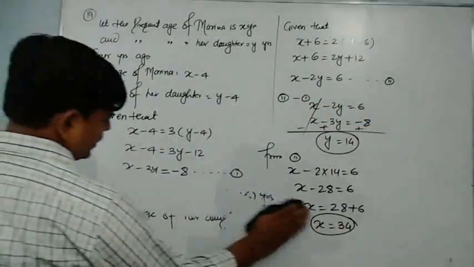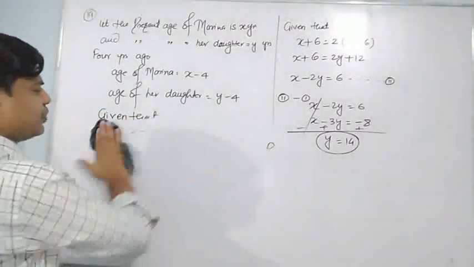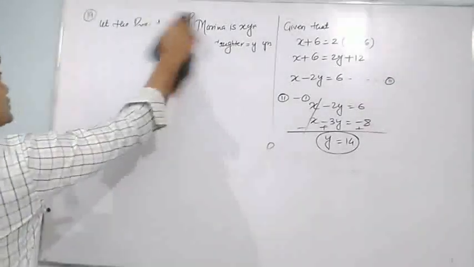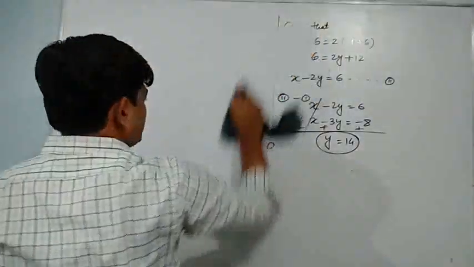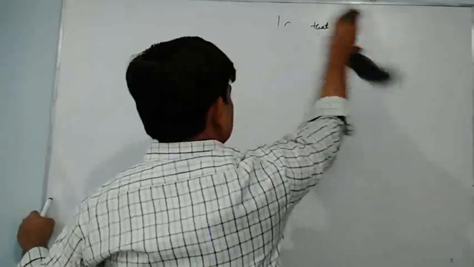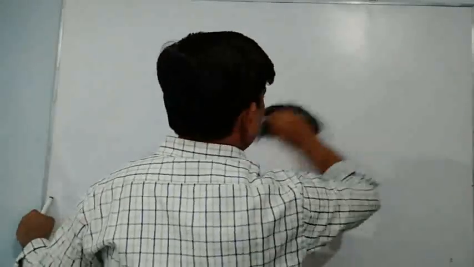You can see what is given, and definitely it will be easy for you. In this question I am not going to solve the whole question, I will only form the equations, and you will be able to solve these 2 equations. The important thing is to form the equation, and after forming the equation, I think you can solve it. Listen to me carefully.